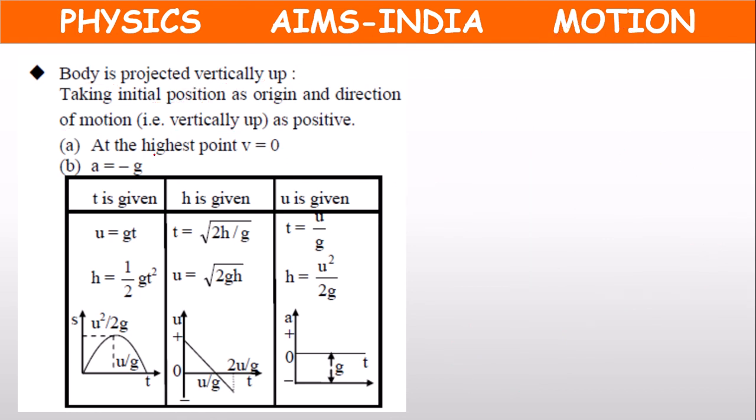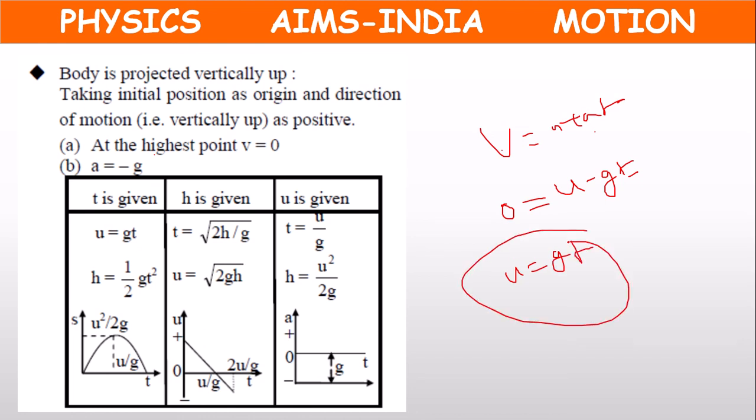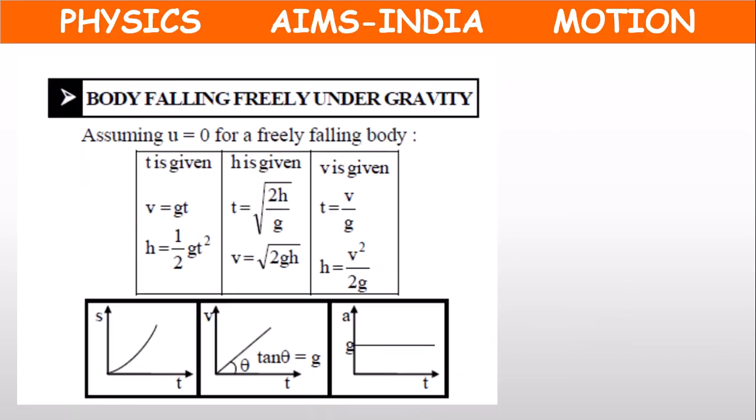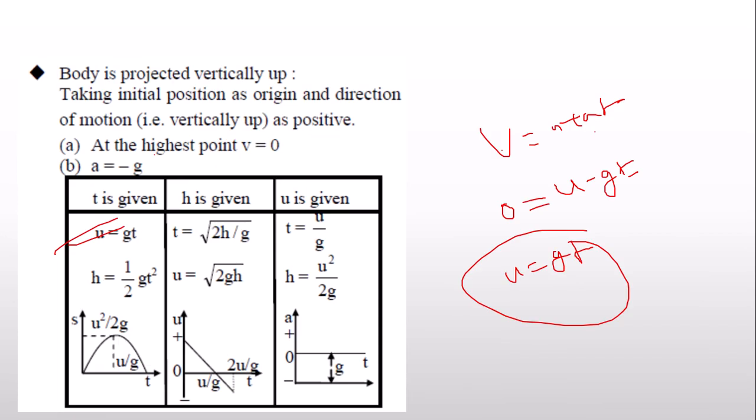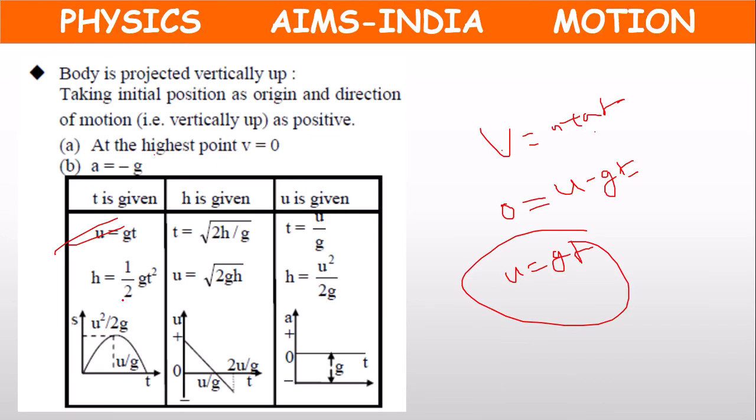Okay. And if you take all the formulas, v equal to u plus at. Here v is 0, u is u, a value minus g, t, so 0 equal to u minus gt. Or gt will come this side, u equal to gt. This is the formula. Here we had v equal to gt, but here we have u equal to gt.